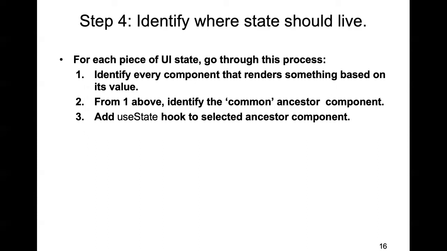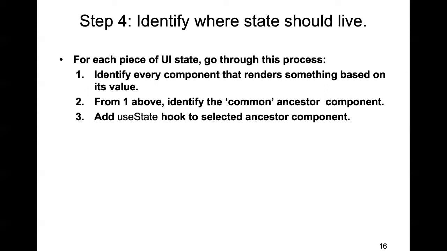And so all you do is you identify each component in the hierarchy that needs to know the current value of the state data, because presumably it uses it to do some sort of computation. So you might have identified for a particular piece of state data 2 or 3 components that need to know the current value of it.